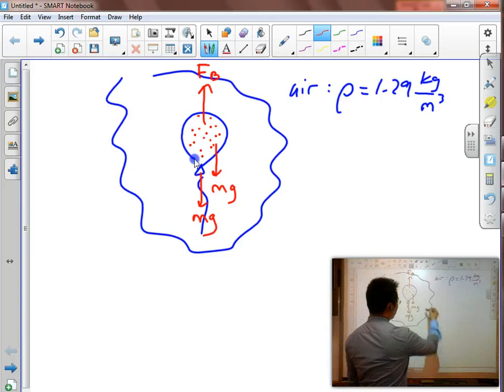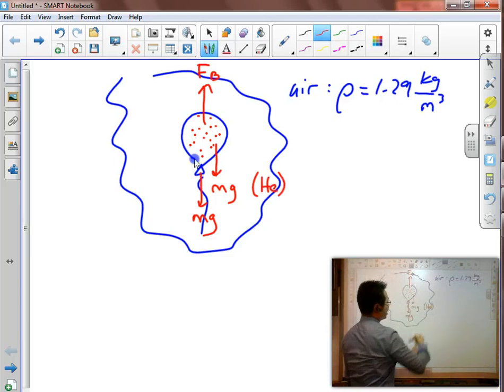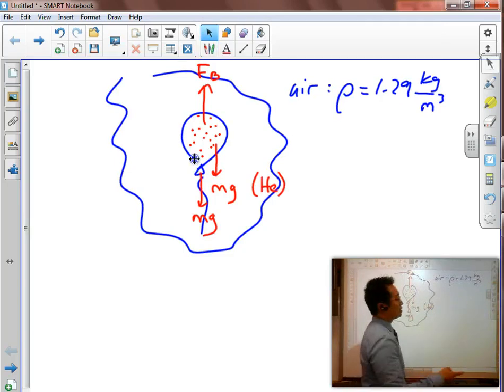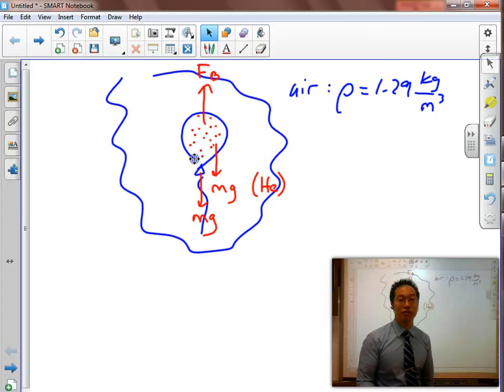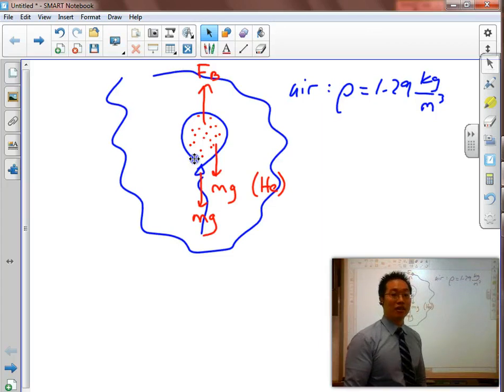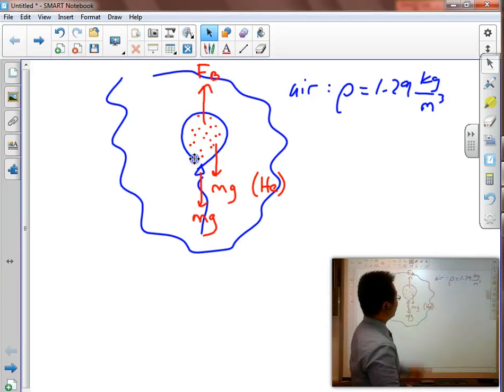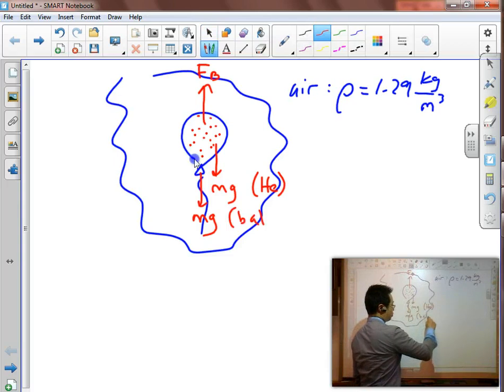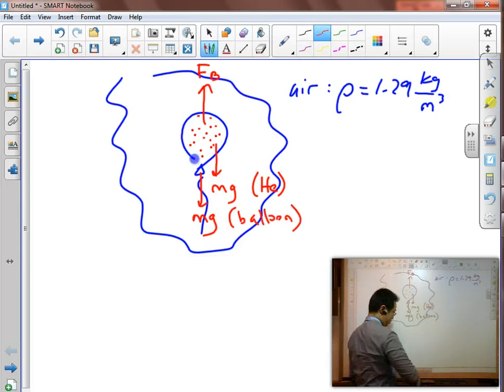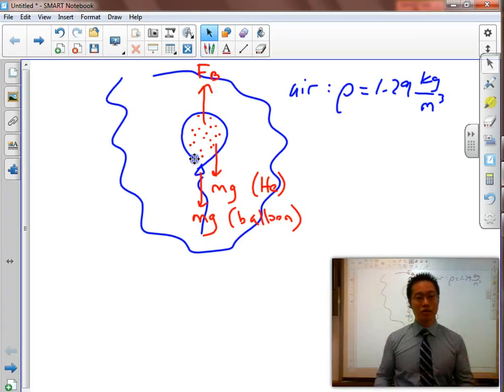So helium is the gas that's most commonly used because it is less dense than air itself, and you can calculate the rate of a balloon floating upwards based on FB minus mg of the gas inside the balloon and mg of the balloon itself. And we will do some practice problems with that in class. So this is buoyant force, this is specific gravity, and this concludes hydrostatics.